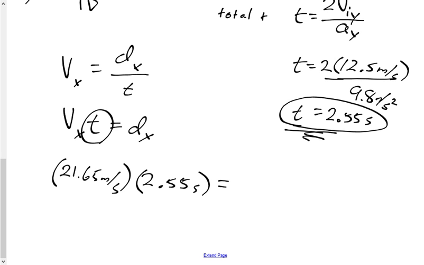That will be a value of 55.23 meters. That will be its range in the x direction, right?